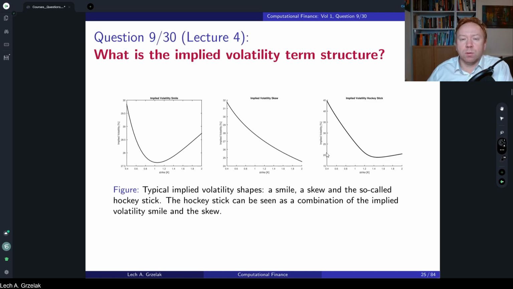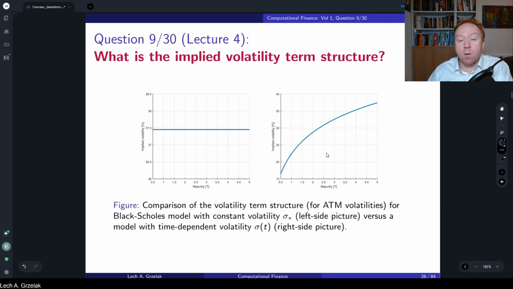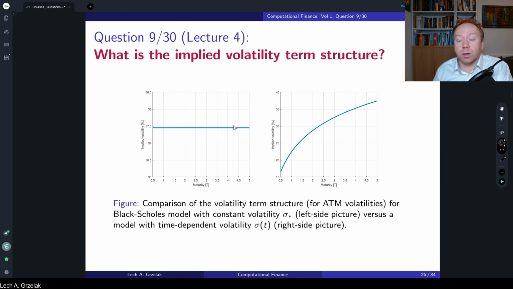Once you deal with market data, you will realize that there are many different shapes, depending on the type of market. And of course, correspondingly, you will need to find different models and different calibration procedures to calibrate to those implied volatilities.